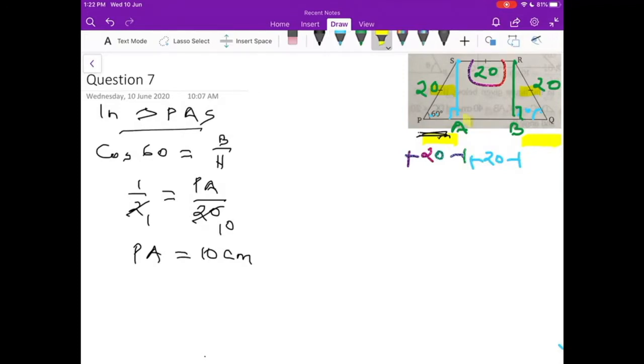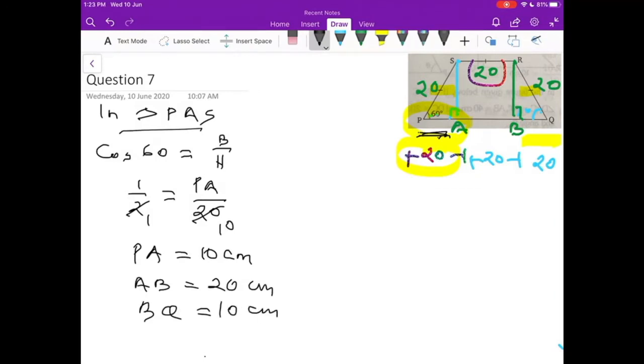Now here it is, this AB value is also 20. Then since you know that PA is equal to BQ, that last part is also 10. So then I can now write that AB is also 20, opposite sides of the rectangle, as you can see, opposite to AB is that 20 on the top. Then similarly BQ is equal to PA, and that PA is 10 centimeter.